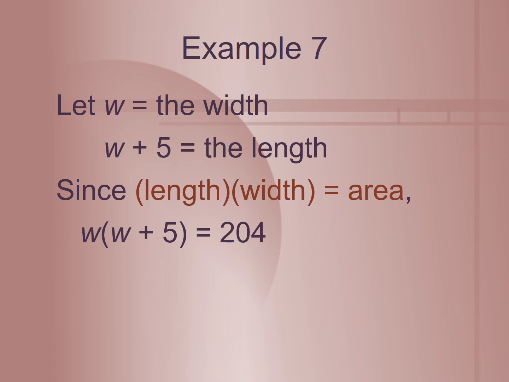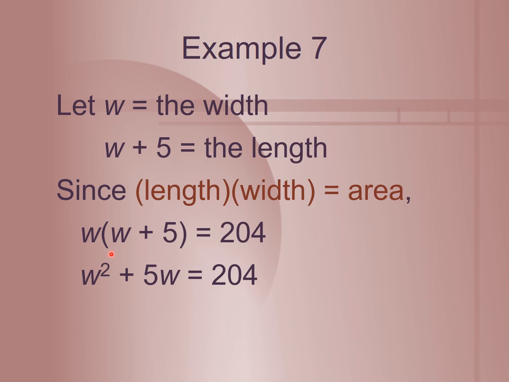They tell us that we have a width, and we have a length that's 5 more than the width, and that the area of it is 204. So we can plug in our variables, W for width, and W plus 5 for length, equals 204. From here, we can distribute the W, so we get W squared plus 5W equals 204.